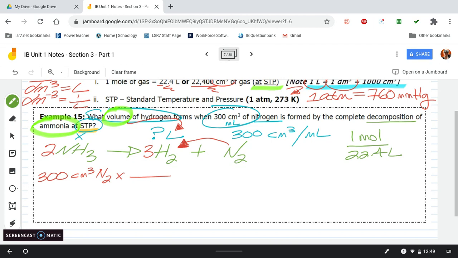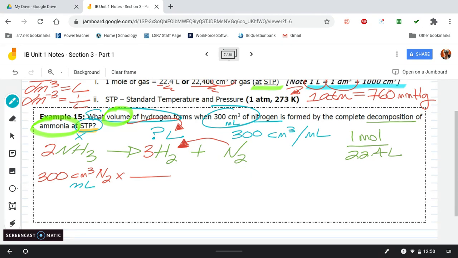So the problem you have is that those are not liters. Those are milliliters. And so you might want to jot down to yourself that they're the same as milliliters.